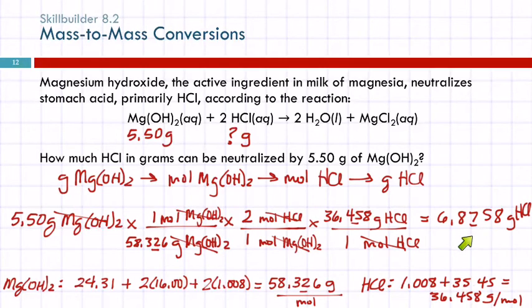Here I'm rounding in the hundredths place. That's not a dangerous place to round. Tens, hundreds, thousands, those are the dangerous places to round. So I'm keeping the 7. I'm getting rid of the 5. This is 5 or greater, so I need to round the 7 up to an 8. And so this is 6.88 grams of HCl, because 6.8758 is closer to 6.88 than it is to 6.87. Any questions?